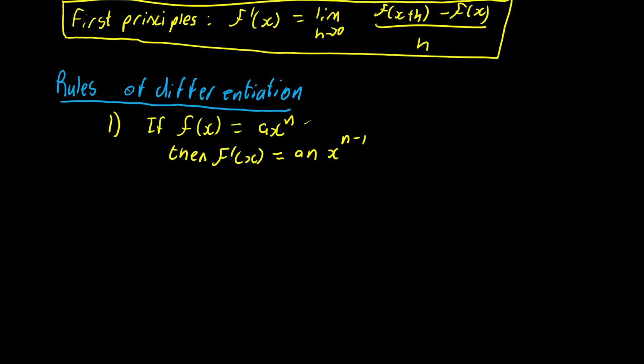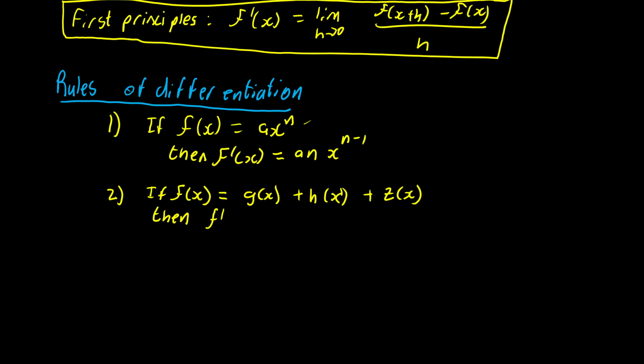Another rule is that if you have a function or some type of expression that is given to you by a few terms, where you have one term, add another term, let's make that h, plus another term, for instance, then a very easy way to find the derivative is to take the derivative of each term on its own.